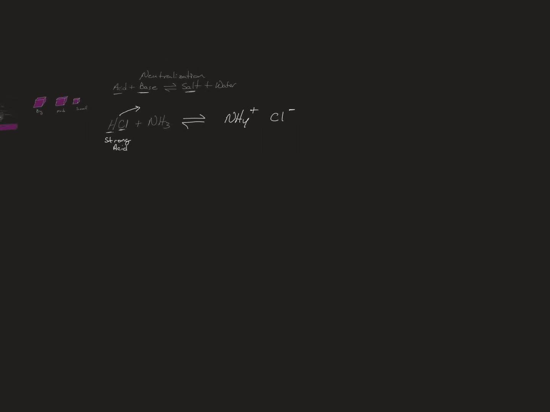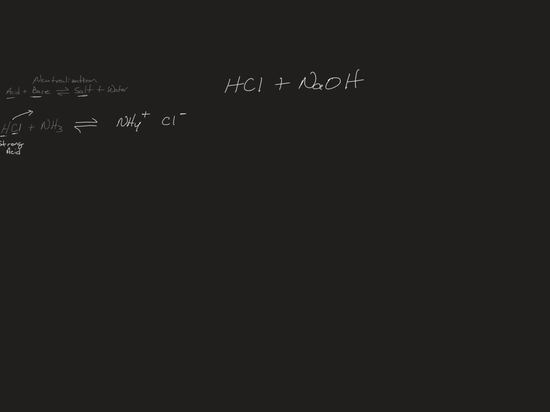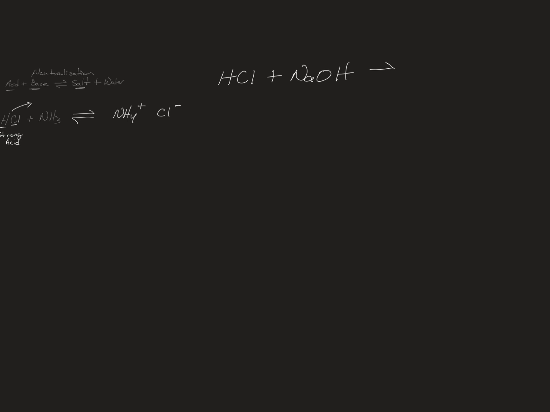In another reaction, to give you a simpler version that would help you understand what a neutralization reaction is, you can say HCl, same acid, and mix it instead with sodium hydroxide. This is the simple version of it. What would you make if the H plus comes out and then the OH negative comes out?